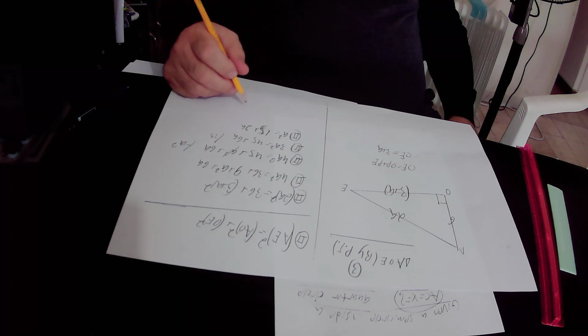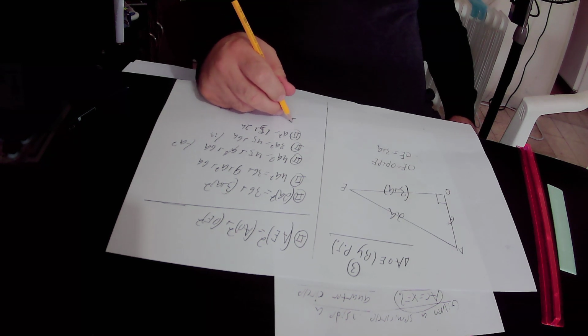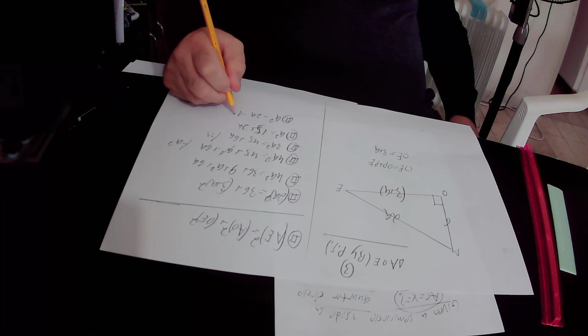Here we subtract 15 and 2a from this equation, and we get that a squared minus 2a minus 15 equals 0.